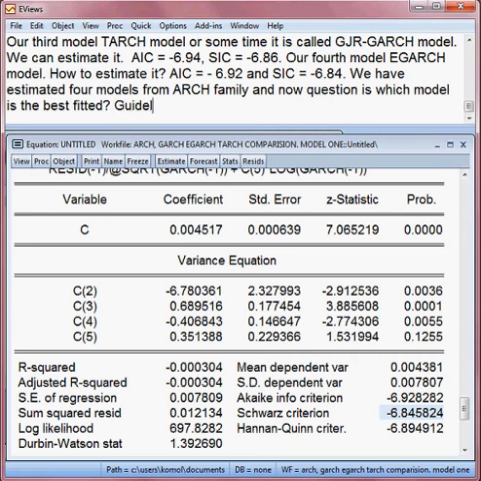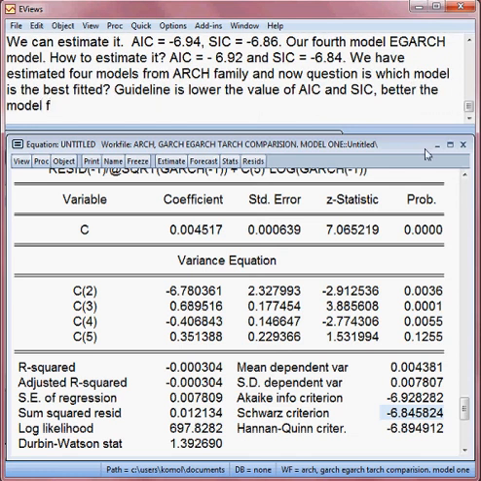The guideline is, the lower the value of AIC and SIC, the better the model fitted. Okay, so that is the guideline.